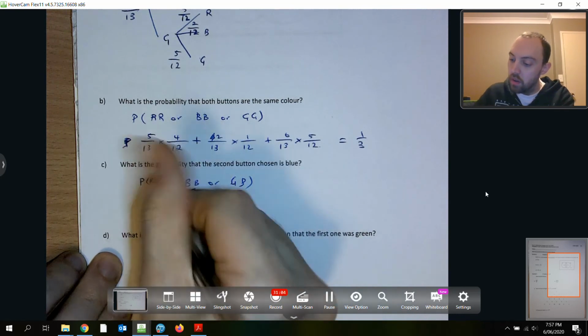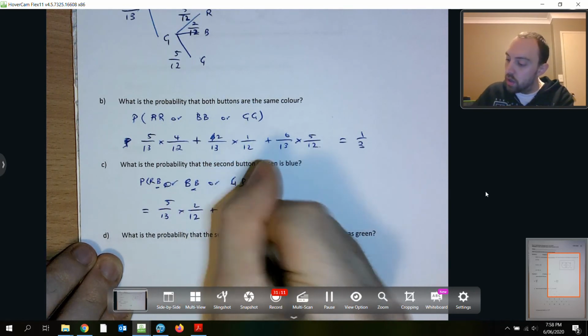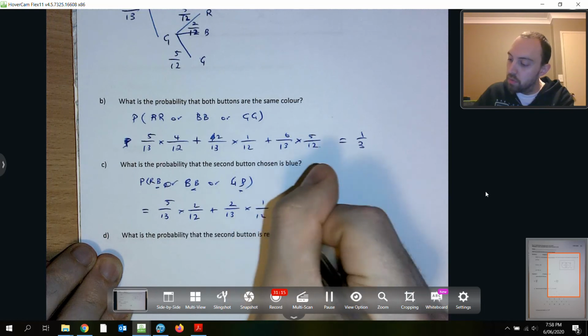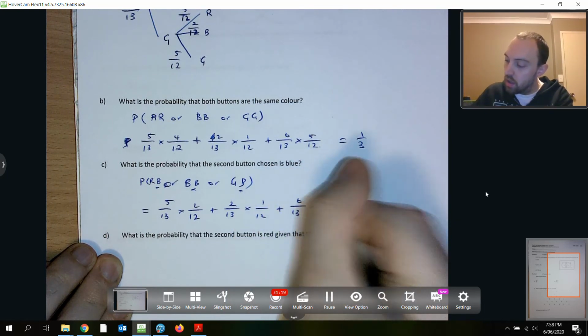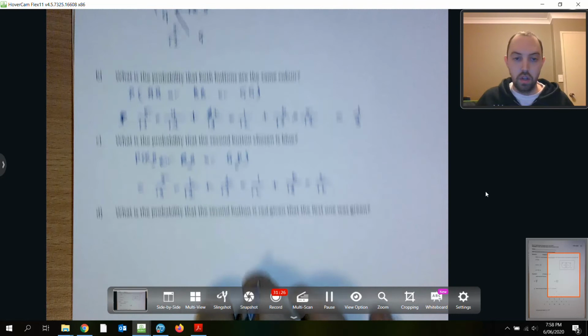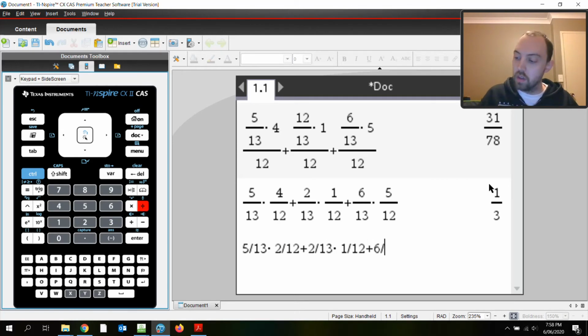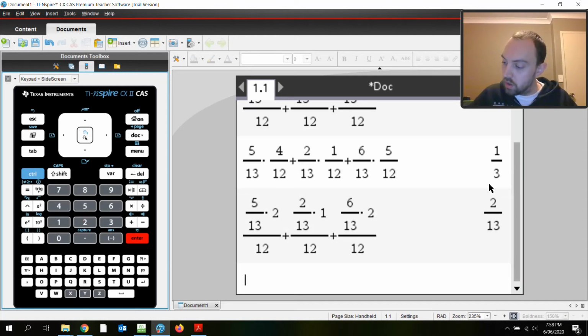Red blue is 5 out of 13, and then 2 out of 12, plus 2 out of 13 times 1 out of 12, plus 6 out of 13 times 2 out of 12. That looks good.